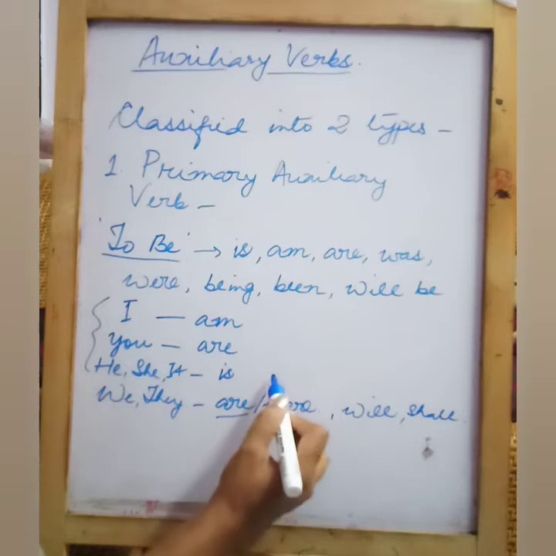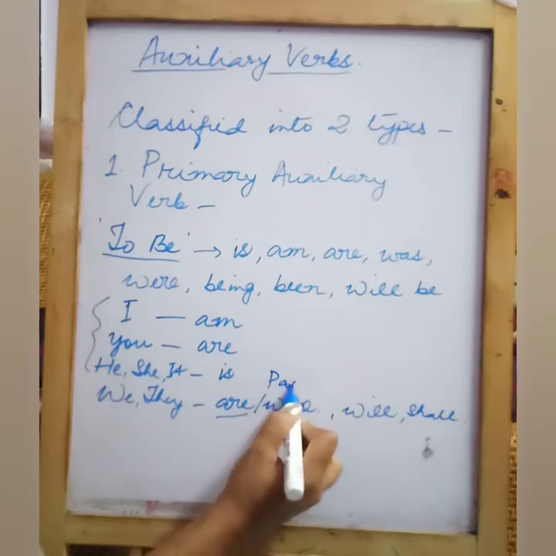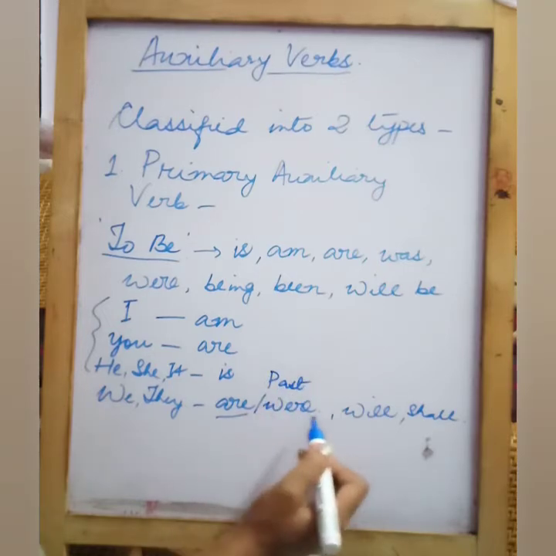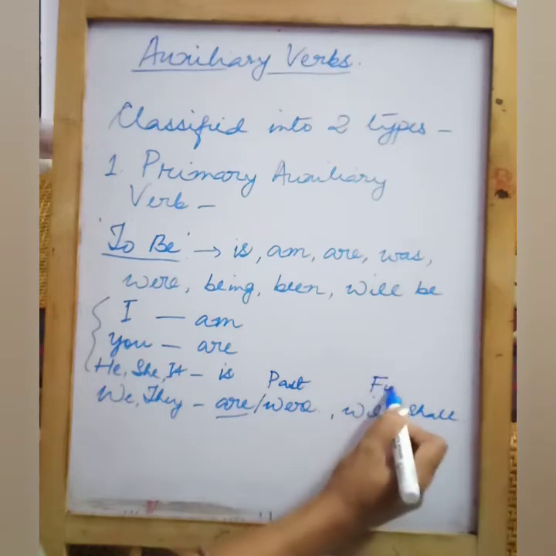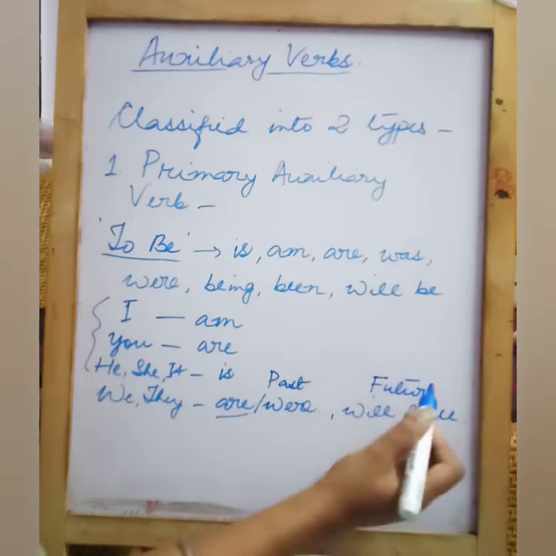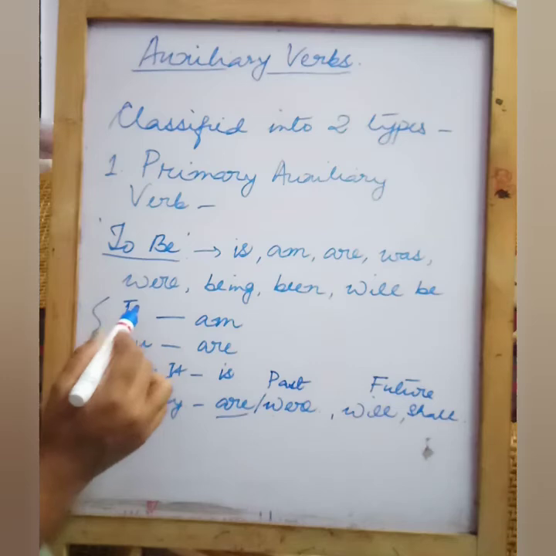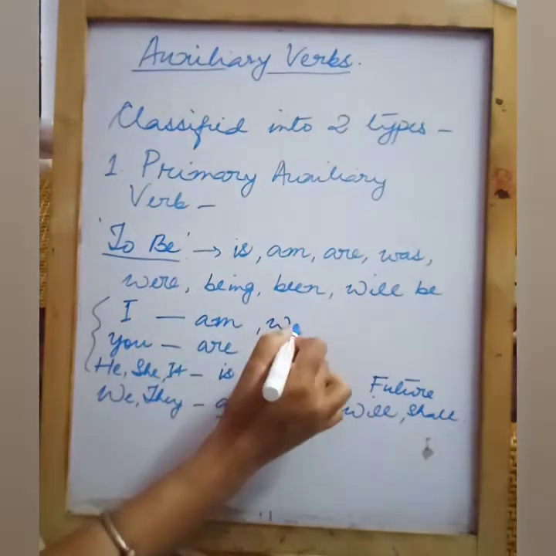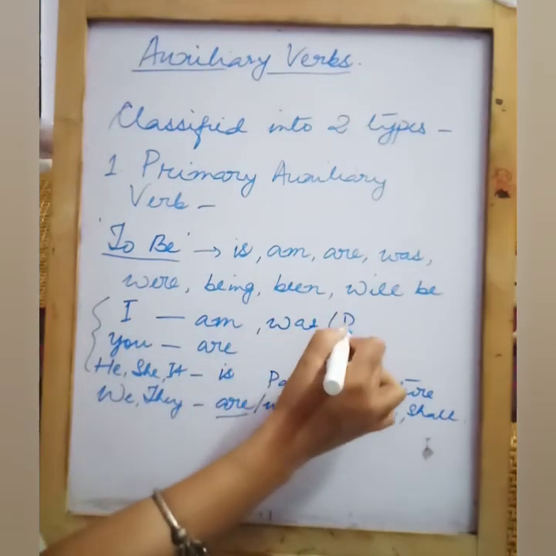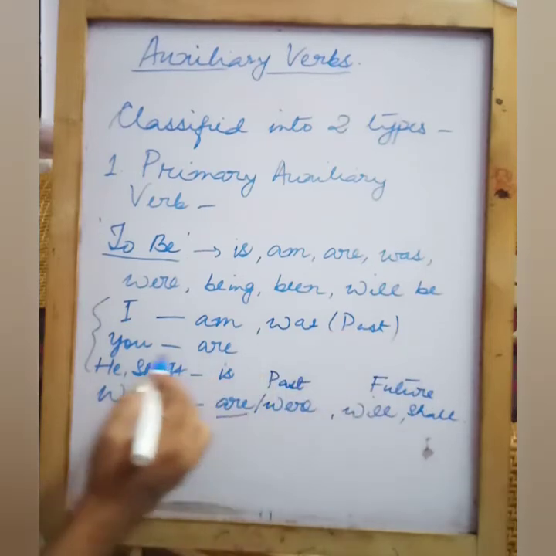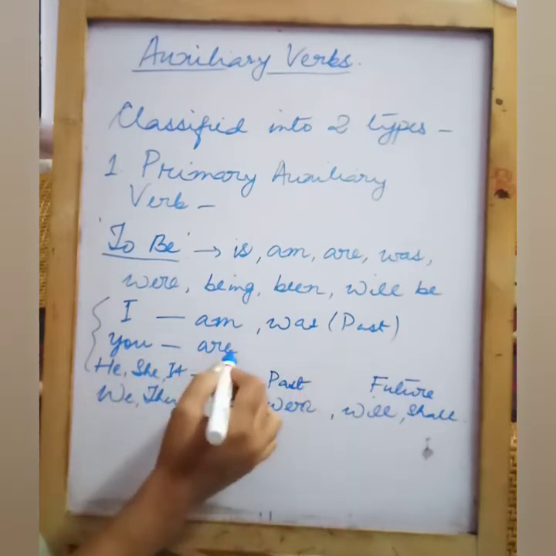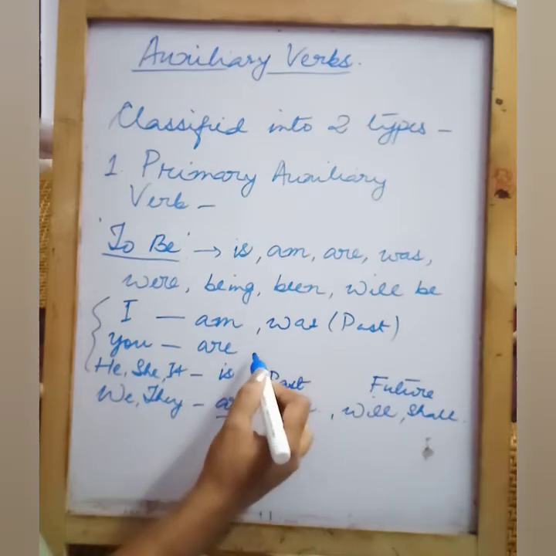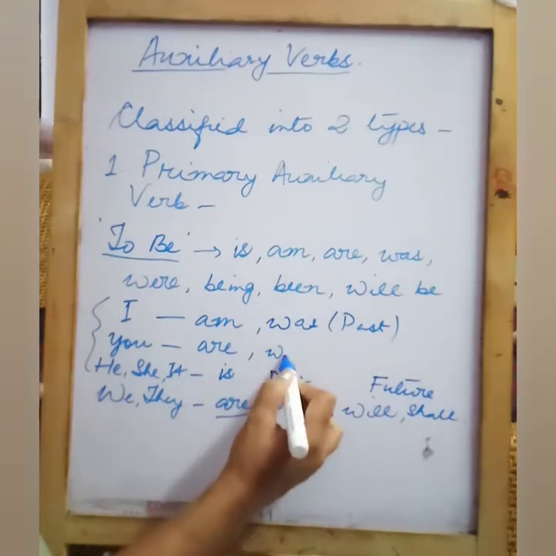With plural past, this is past, isn't it? Past we use were. And with plural future, this is future tense. Shall, will. And with the past, what do we use? Was, isn't it? Past. In the future we will use will, and with the past we will use, you were, isn't it?